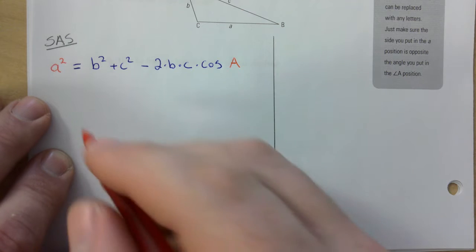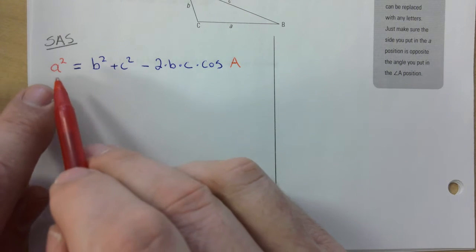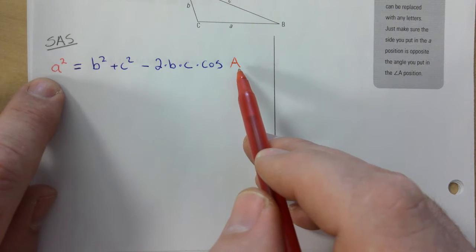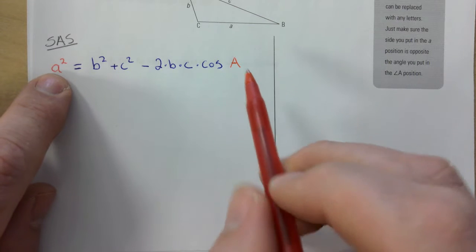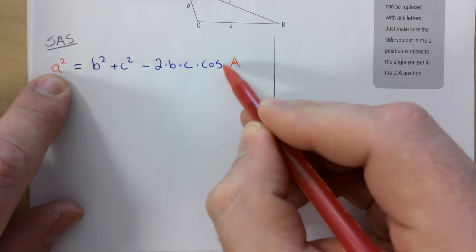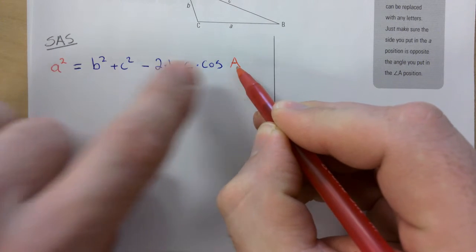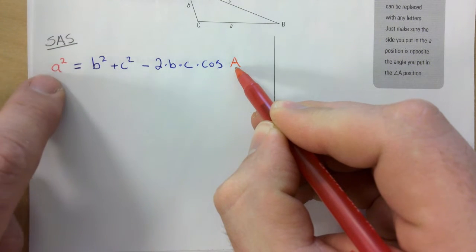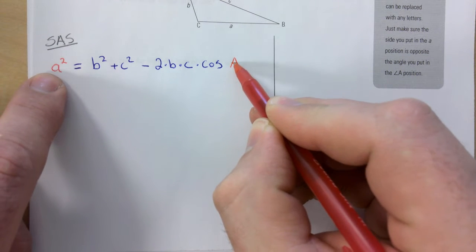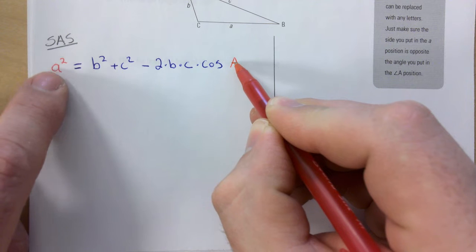Okay. So this is the one you would want to use if you're given an angle: you would be solving for the side that is across this angle. That's always what I want to make sure you understand.